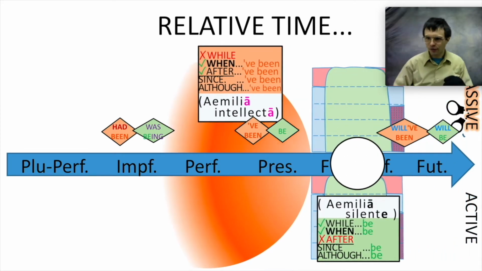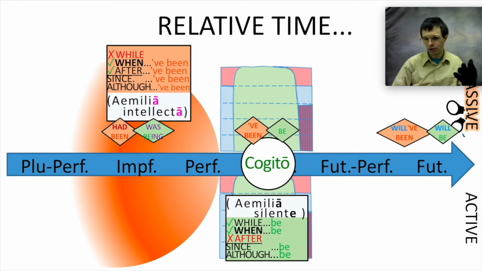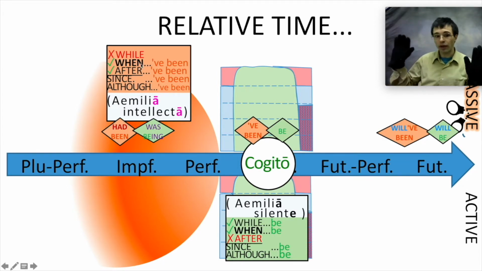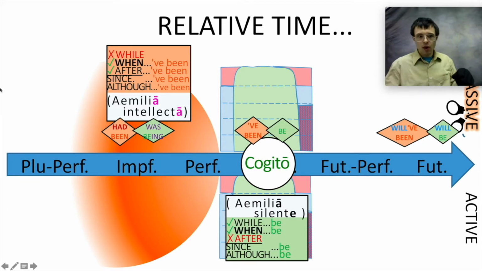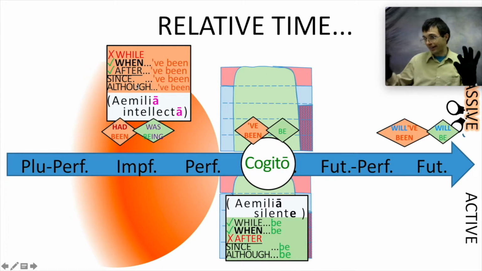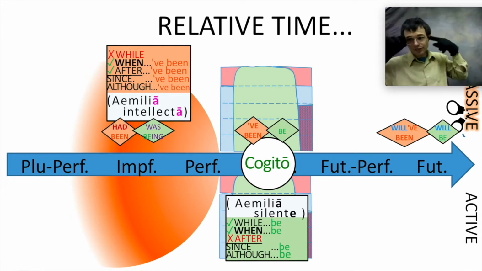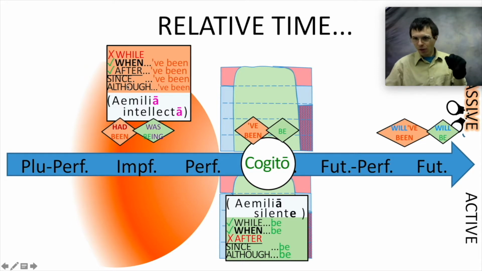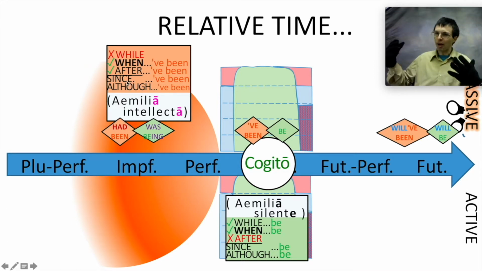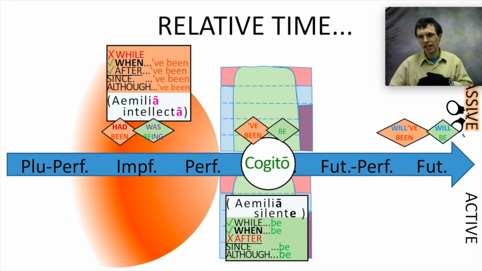All right, so I just wanted you to know that you have these 5 optional translations. Of course, the safest one is "when," because that will work no matter what kind of participle you've got, orange or green. Both have "when." "While" and "after" are risky because you might get it wrong, but your ear will hear that it sounds bad if you get it wrong. "Since" and "although" are not used that commonly, but they are awesome in certain situations.